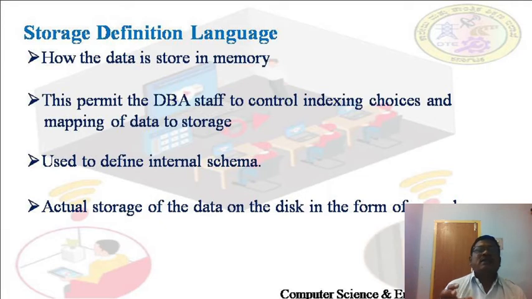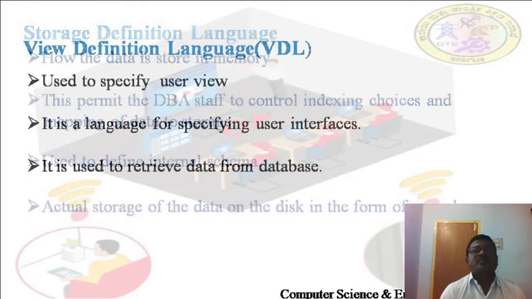It is used to define the internal schema, which defines the physical structure of the database. That means how the actual storage of data in the database happens, usually in the form of records. These things can be achieved with the help of storage definition language.